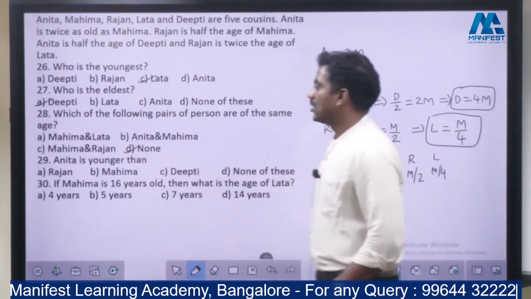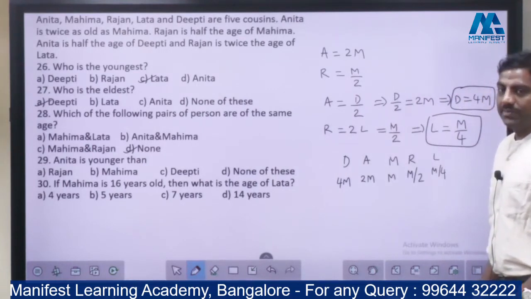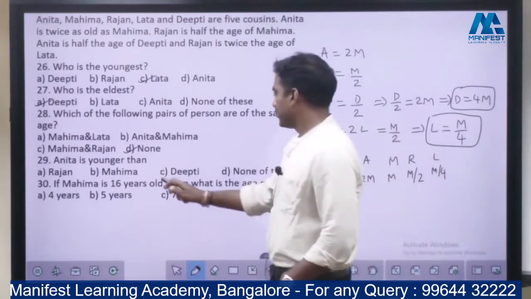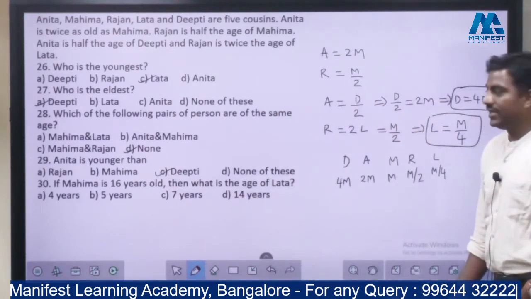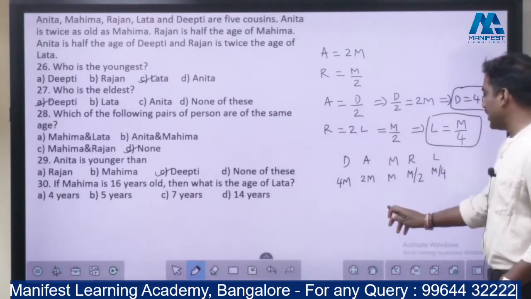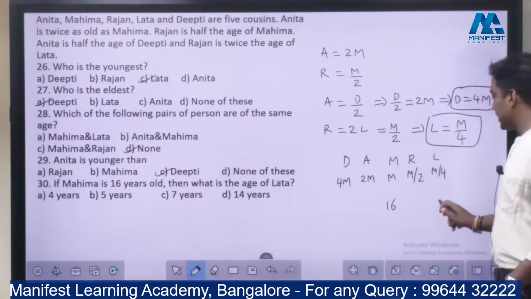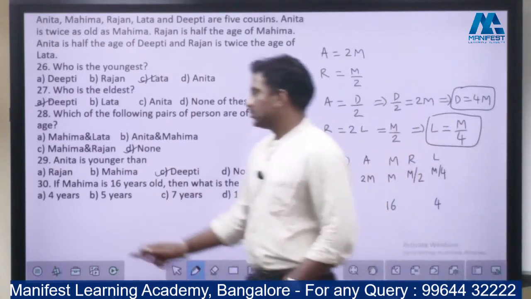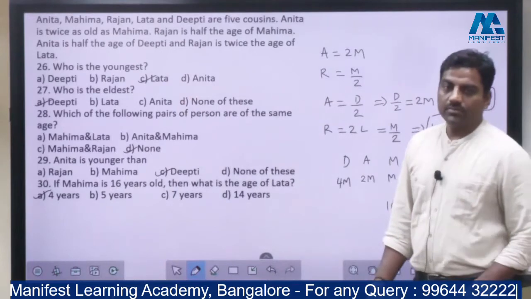Anita is younger than only Deepti, right? Because she is the second eldest, Anita. If Mahima is 16 years old, what is the age of Lata? 16 by 4, that is fine.